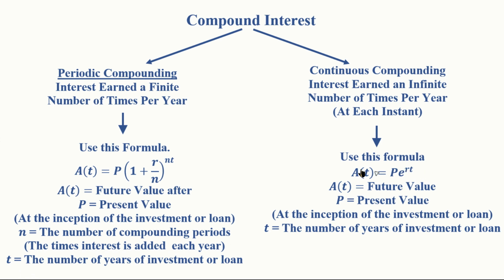The much simpler continuous compounding formula, A of t equals P e to the rt, is what you use if interest is being compounded continuously, and A of t is the future value, of course, as before. P is the present value, which is at the inception of the investment or loan, and t is the number of years of investment or loan.